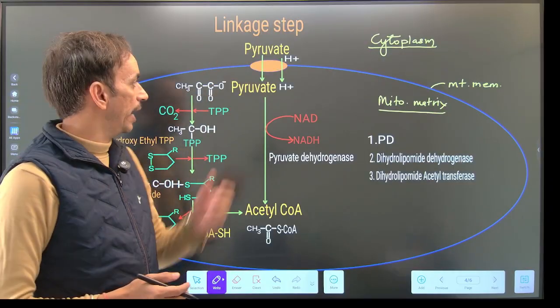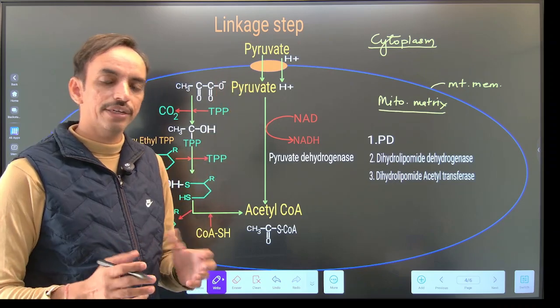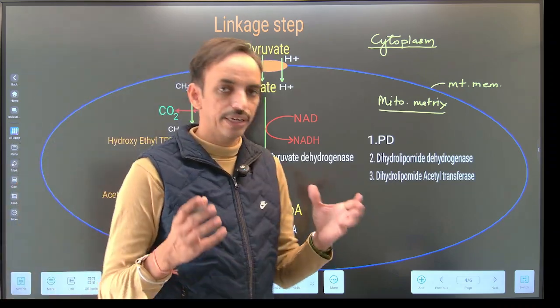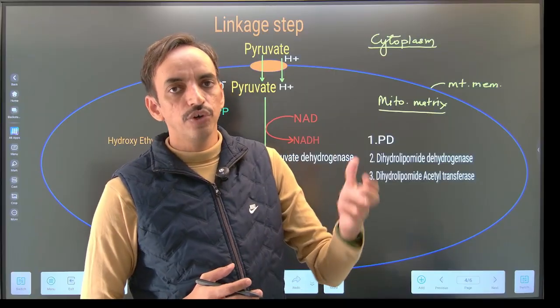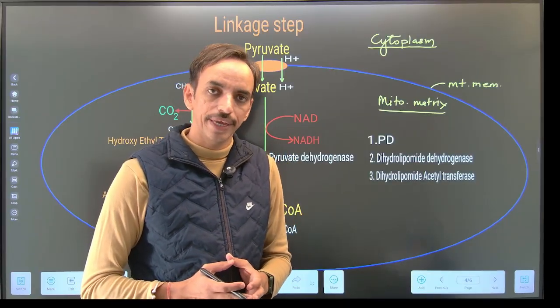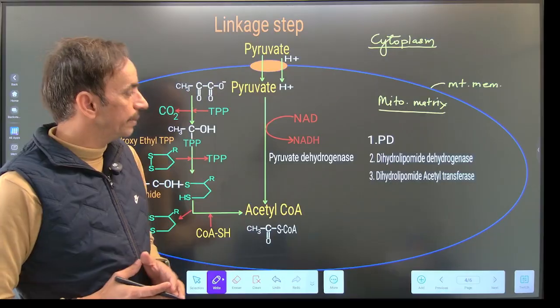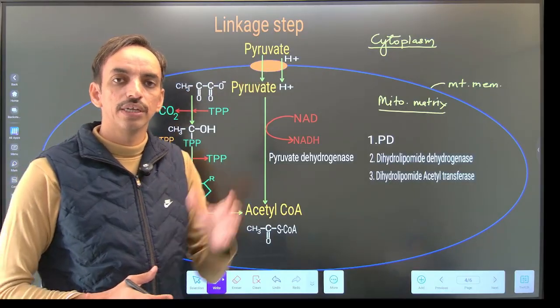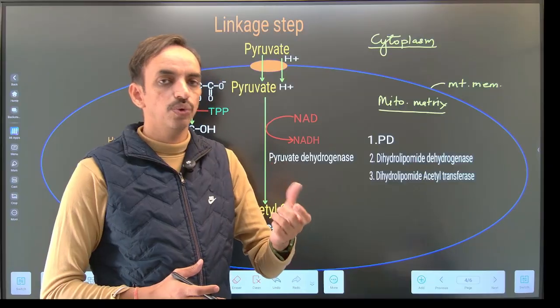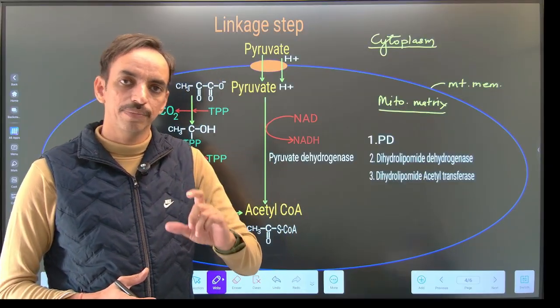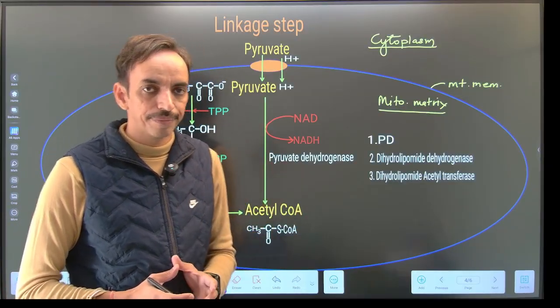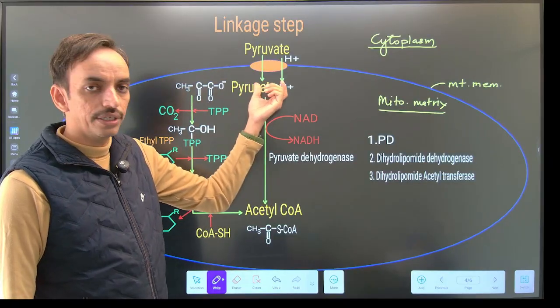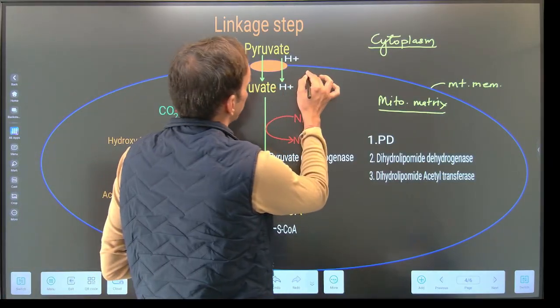For this, we have a transporter. As we all know, mitochondria is a double membranous organelle, and the outer membrane is not a permeable barrier, but the inner membrane is a permeable barrier. So we need some transporter on the membrane which can transport the polar molecule across the inner mitochondrial membrane. Here the transporter is a symporter.